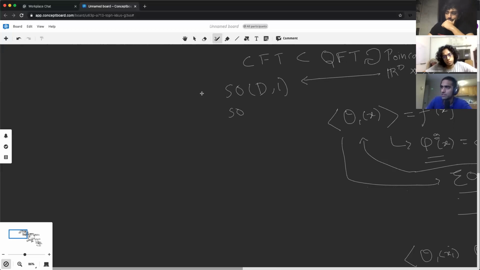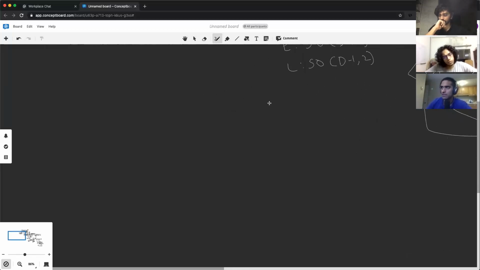Or in Lorentzian signature, this would be SO(d-1,2). So you have a one higher dimensional space with two time-like directions, and it's like the Lorentz group of that. But as far as our games are concerned, you really are appending to your Lorentz invariance another way of talking about it, where I'm also considering what happens under this transformation.